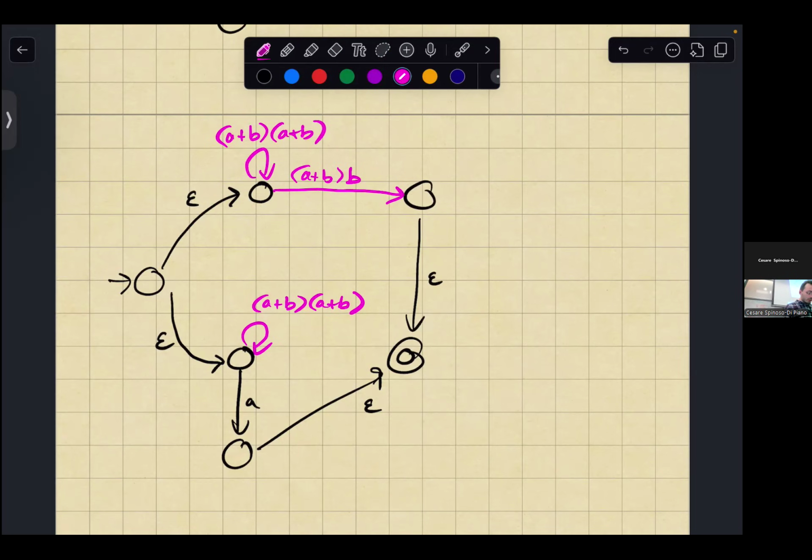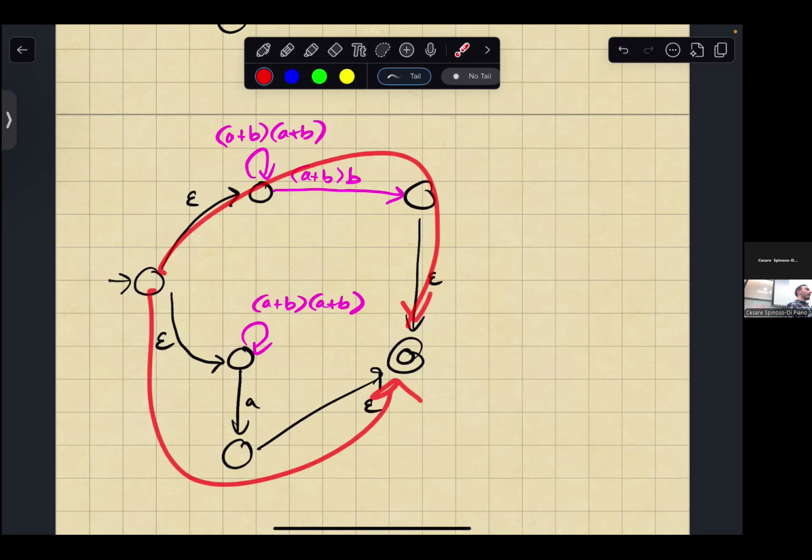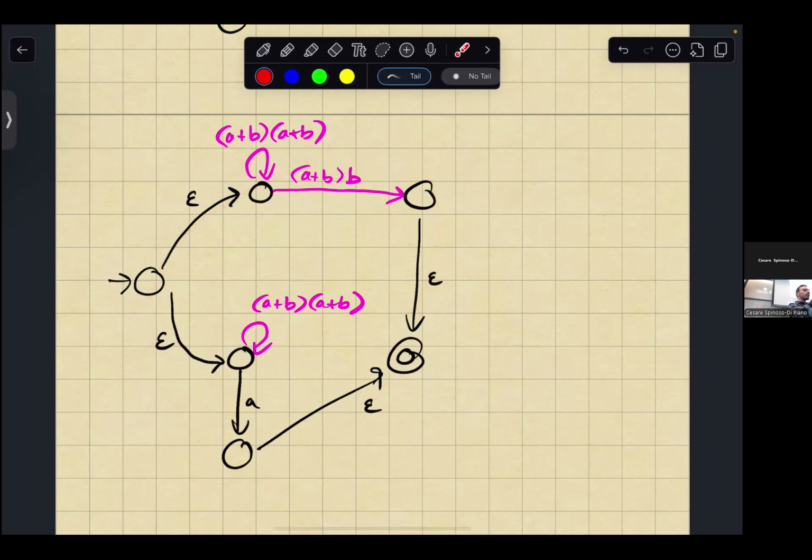Okay. So hopefully everyone's with me so far. Now I'm going to rush things a little bit, because essentially now I can see that really what's going on is I have two paths to the accept state, which makes sense because the two paths are like the two types of strings that my machine will accept.